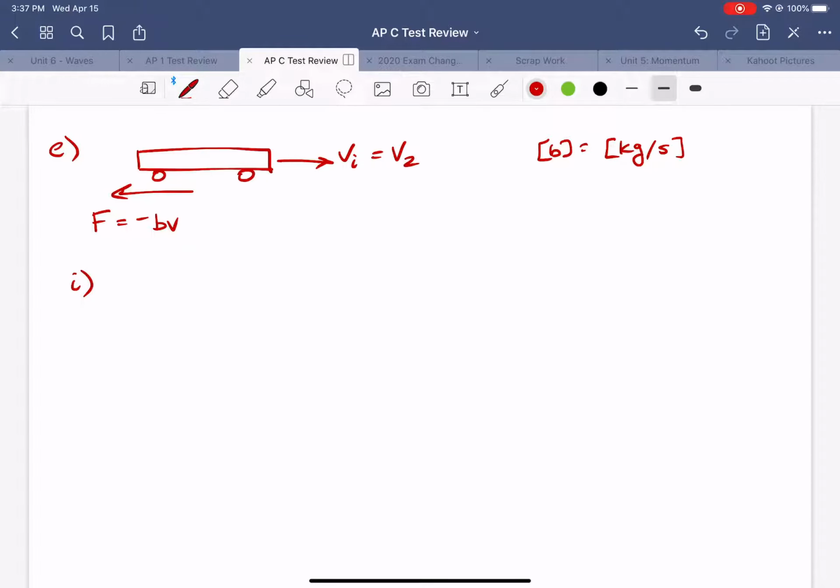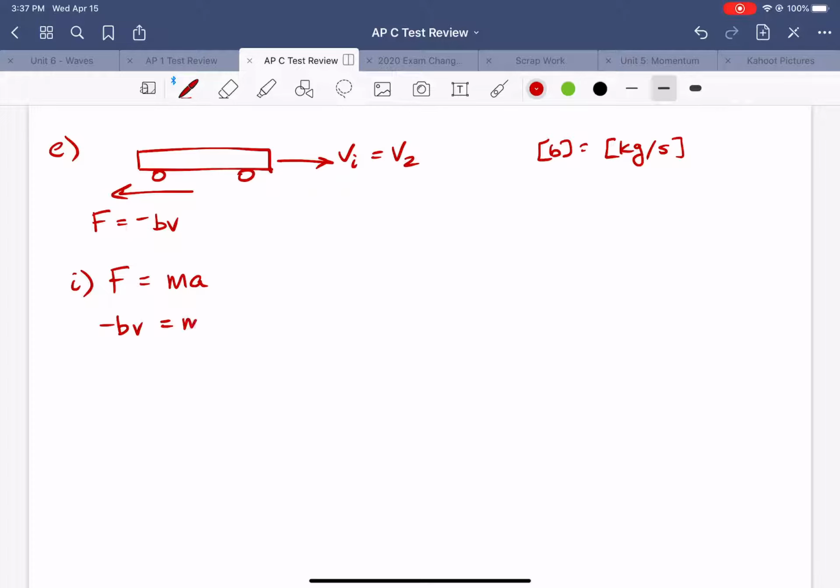So for part one, we want to use Newton's second law to write a differential equation that represents the motion of the cart. So a differential equation is just any equation that has a derivative in it somewhere. So all we really need to do here is write an equation based on Newton's second law. Force equals mass times acceleration. The force is equal to minus b times velocity.